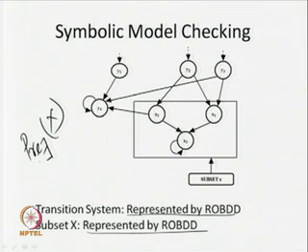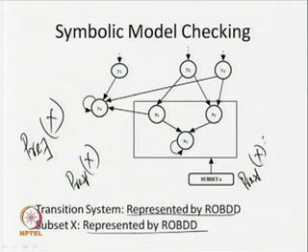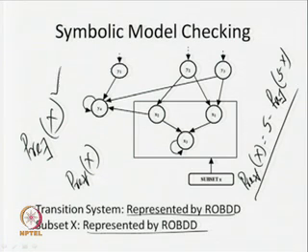Once we have this procedure, I can always calculate pre for all x, because we know the relationship: pre for all x is equal to s minus pre there exists s minus x. So, if I have a procedure for pre there exists x, we can evaluate pre for all x.